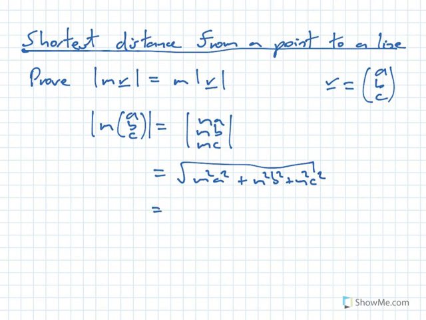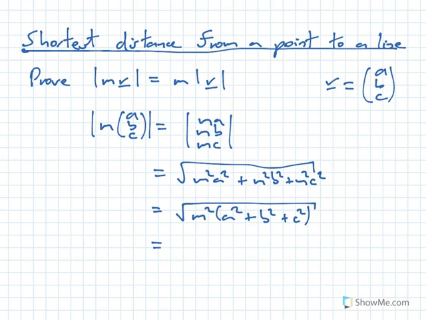And what you can do there is factor out an m squared to get m squared times a squared plus b squared plus c squared. And we're pretty much there now, because this bit in the bracket is the magnitude of r, just without the square root. And this is the product of two things.